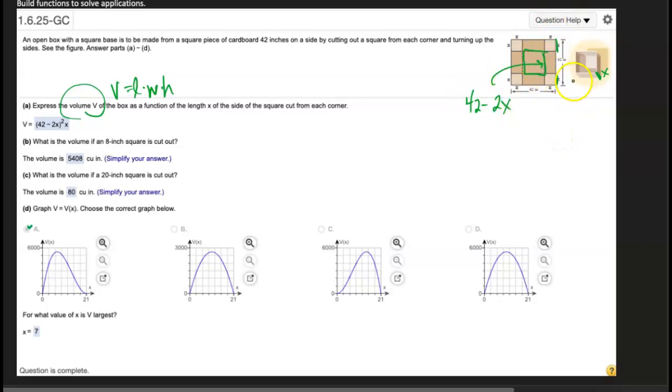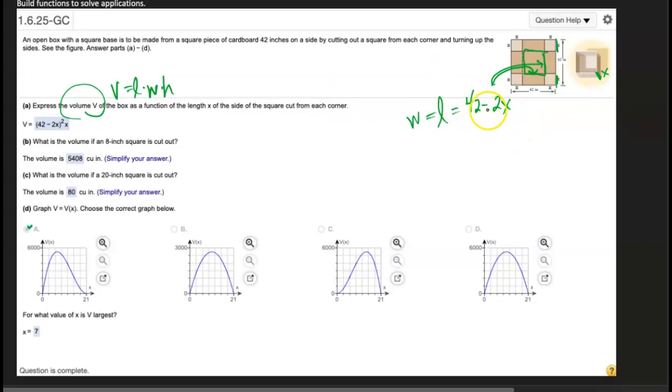And because this entire thing is a square, I get the same thing for the other dimension on the bottom face of that box. So that tells me both the length and the width are 42 minus 2x.